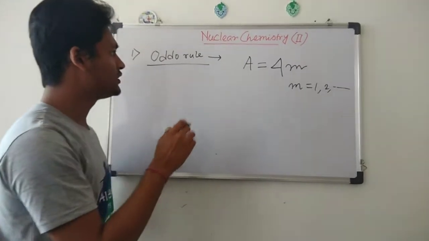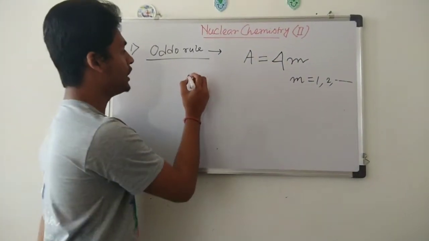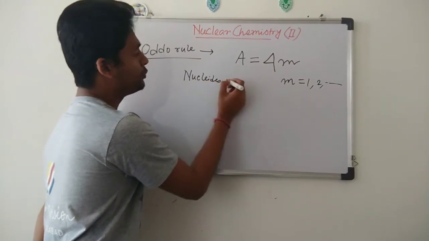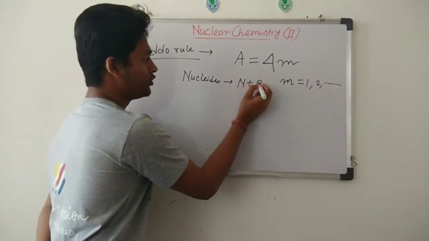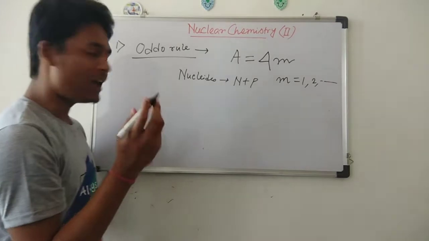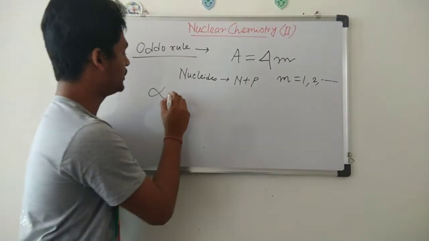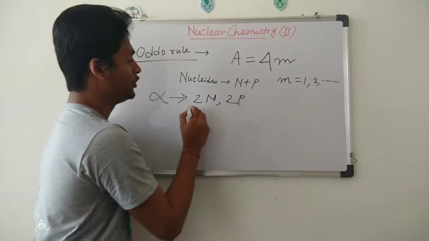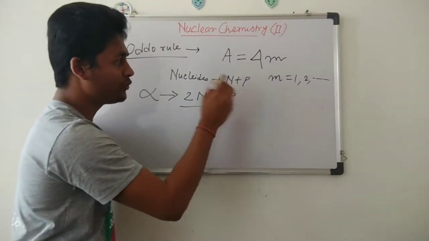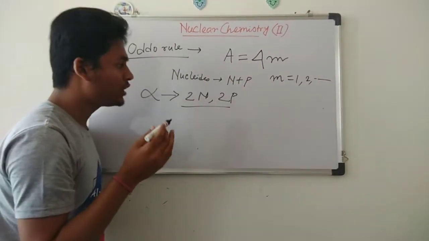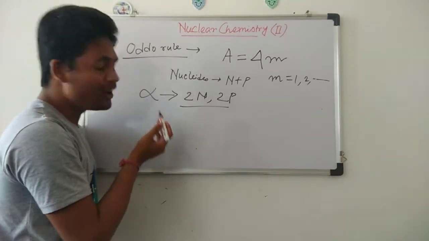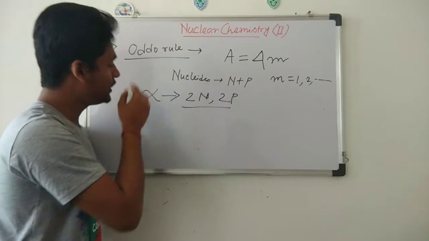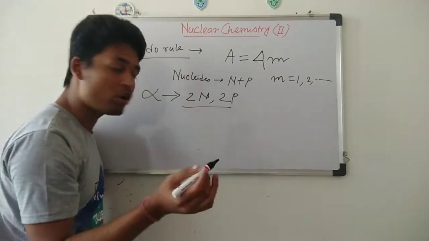To explain this: I already told you the nucleus is comprised of neutrons and protons. And the alpha particle, which I also already explained, is 2 neutrons and 2 protons. As the nucleus is comprised of 4, he told that it is comprised of alpha particles. So these nuclides have alpha particles as the building blocks.